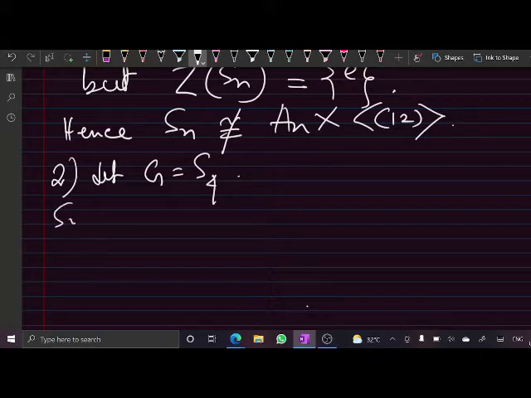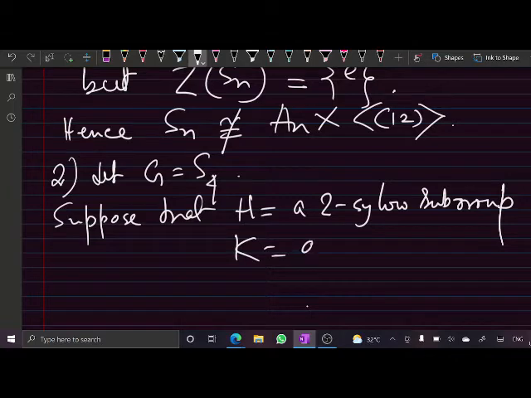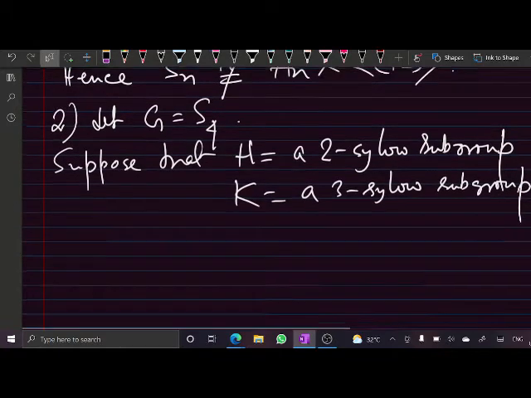So suppose that H is a 2-Sylow subgroup and K is a 3-Sylow subgroup. Okay.